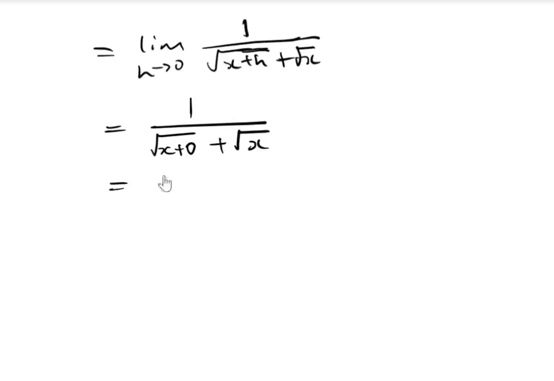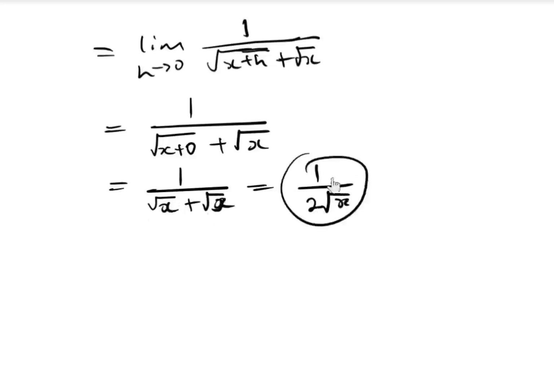Then this is equal to 1 divided by the square root of x plus the square root of x. And this is equal to 1 divided by 2 root x, because the square root of x plus the square root of x will give me 2 square root of x, and this is our final answer.